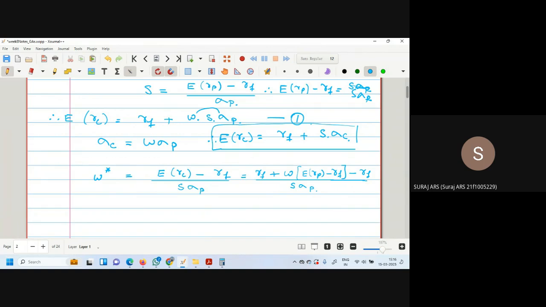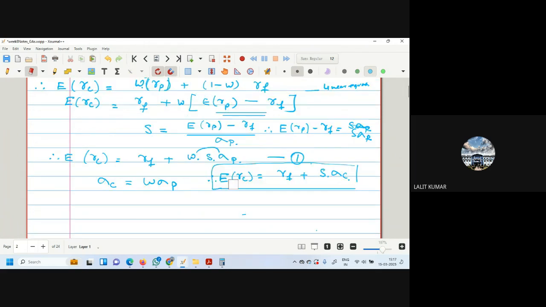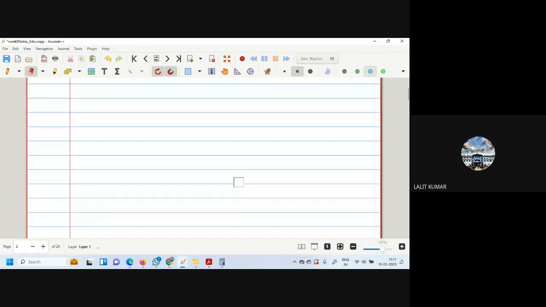So here we will get W square is equal to RF. RF will cancel out. Just hold on, I have committed some mistake somewhere. The W star formula will come from the derivation. I will just come here.